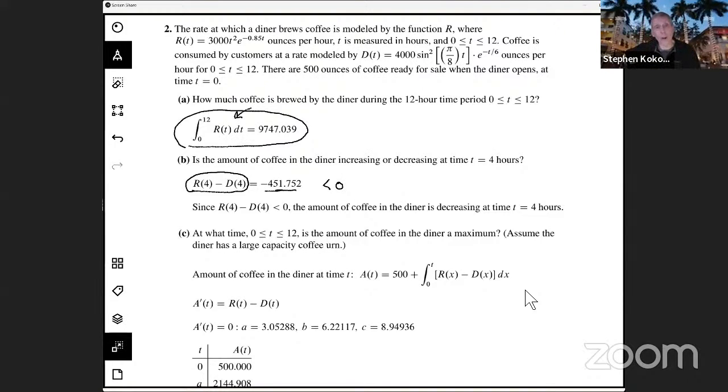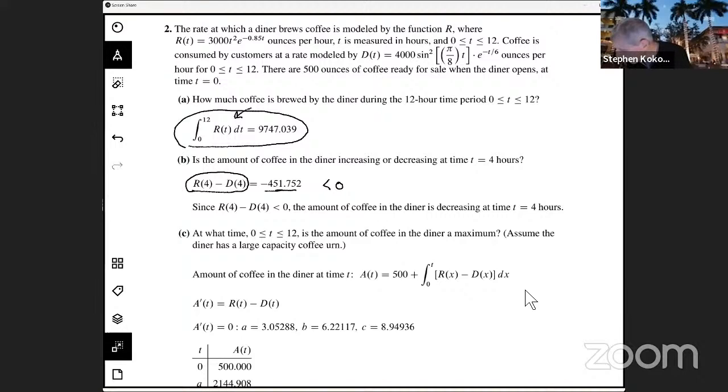Because it's less than 0, that means D of 4 is greater than R of 4. So the amount of coffee in the diner is actually decreasing at that time, at that instant, T equals 4 hours.